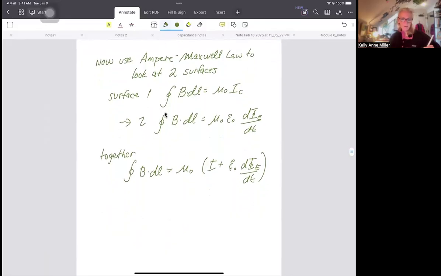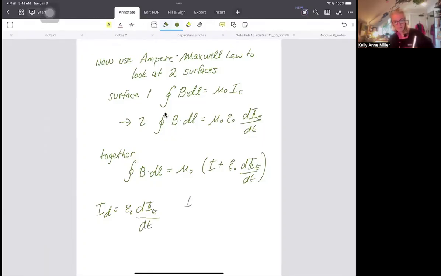The question is, what is the displacement current? Displacement current can be calculated just by multiplying epsilon naught times the change in electric flux as a function of time.